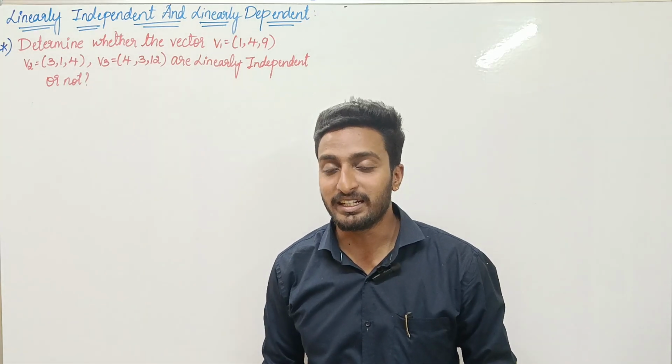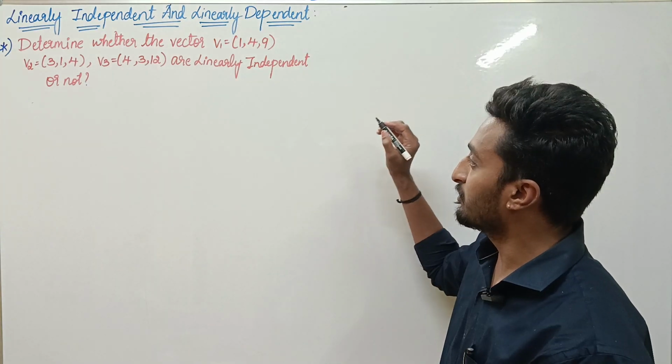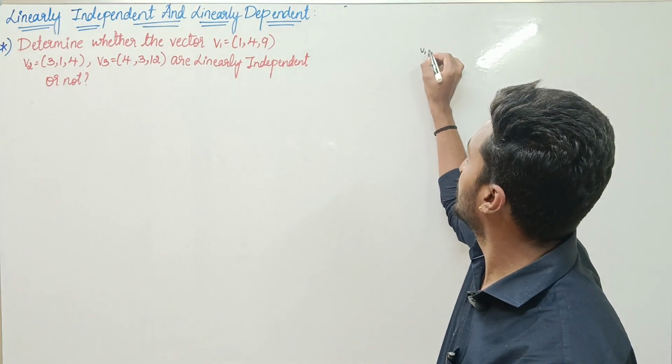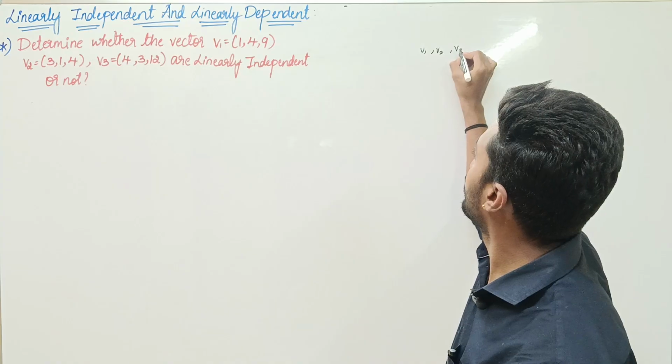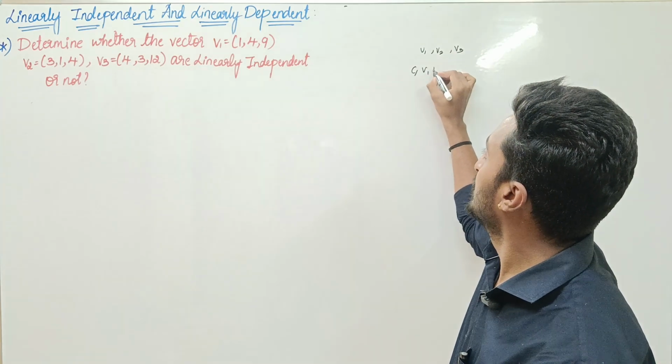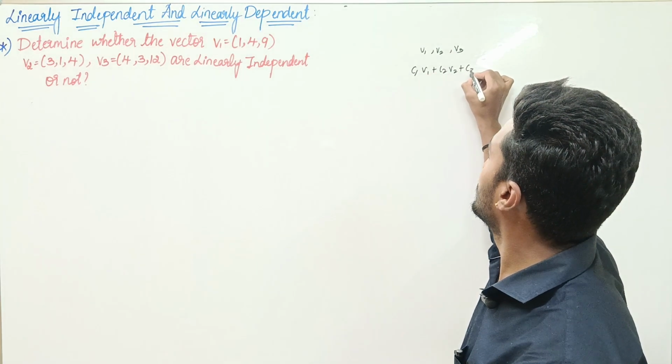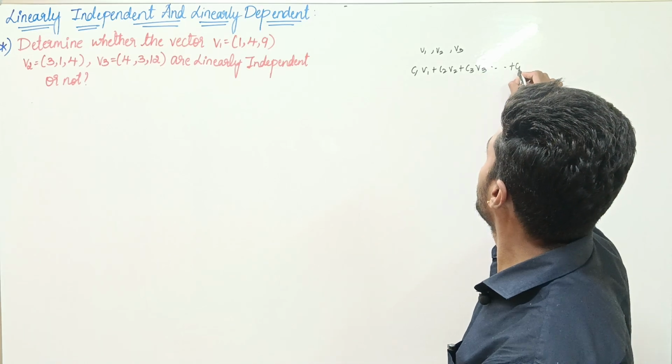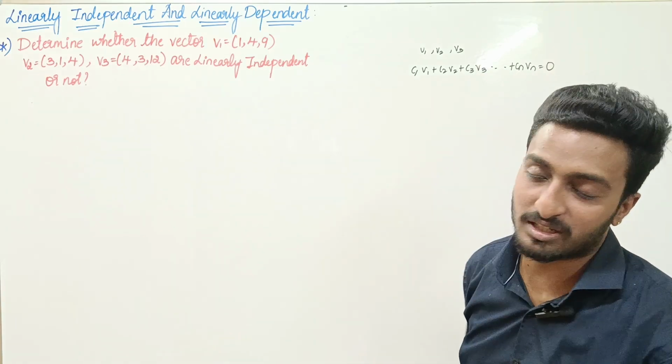To define linearly independent, whatever vectors they have given, v1, v2, v3, we consider c1 v1 plus c2 v2 plus c3 v3 up to cn vn equal to 0.